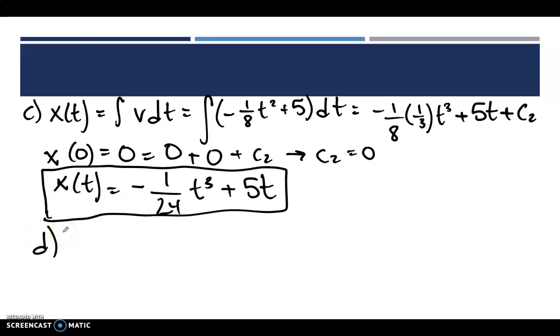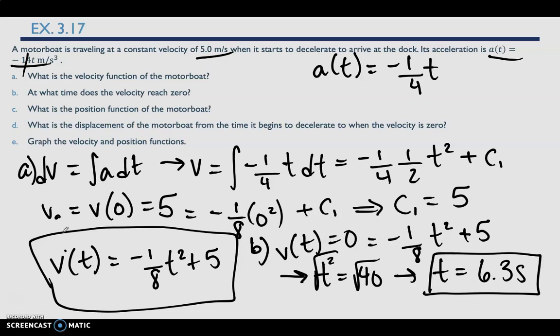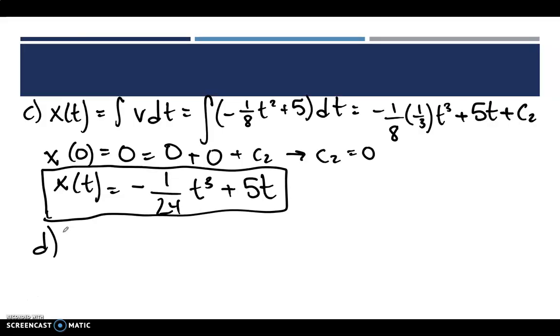Now moving on to part D, it states, what is the displacement of the motorboat from the time it begins to decelerate to when the velocity is 0? So what is the total displacement? Okay, so what we will do is we will plug in the amount of time it takes for the boat to stop. So we'll say x of 6.3 seconds and plug it in.